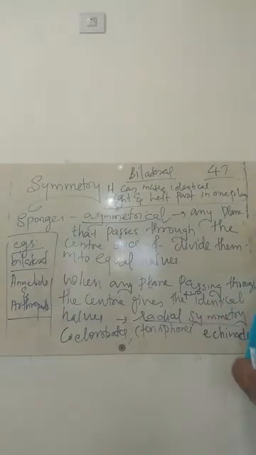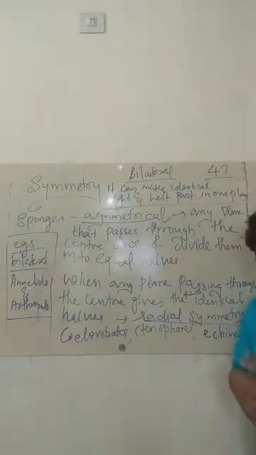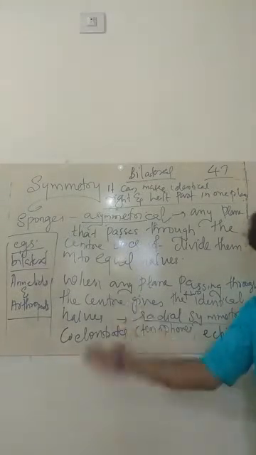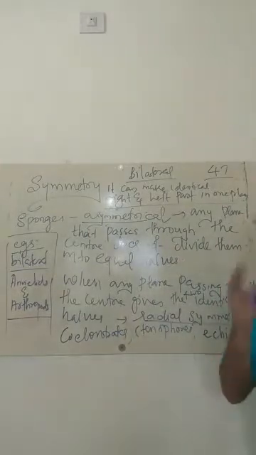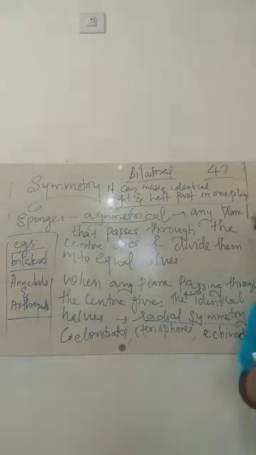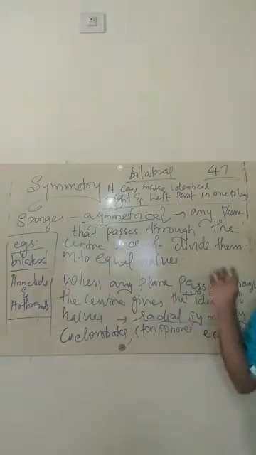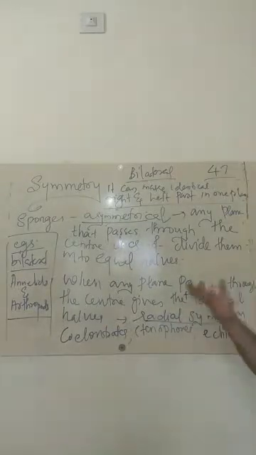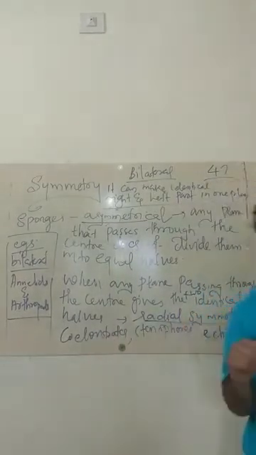Coelenterates, ctenophores and echinoderms show radial symmetry, and annelids and arthropods show bilateral symmetry, where the body can be divided into identical left and right halves in only one plane. So these are about symmetry. You can write it, and after that we can get into the next section, diploblastic and triploblastic organization.